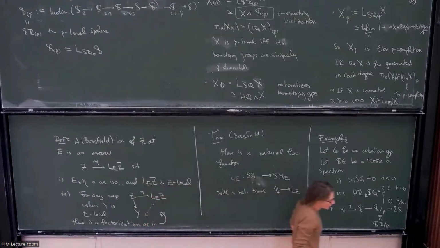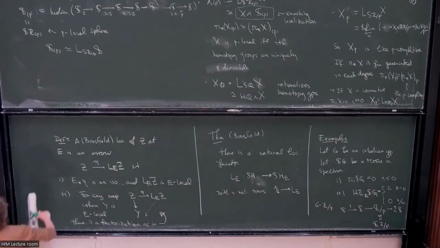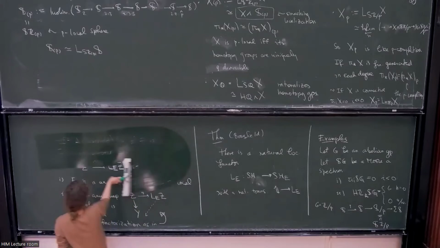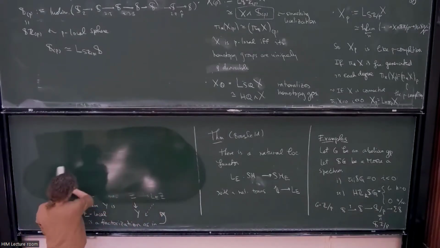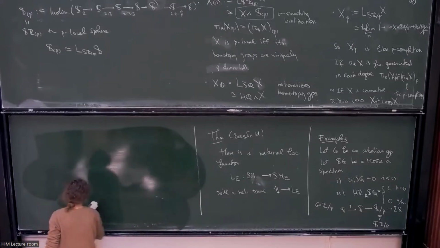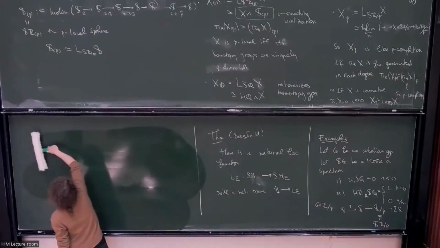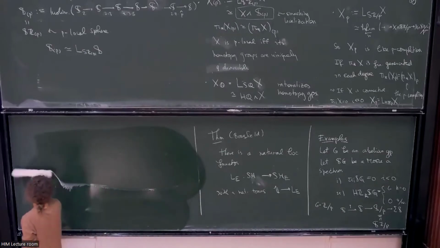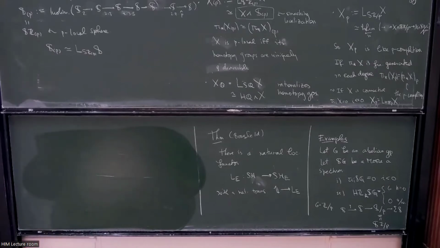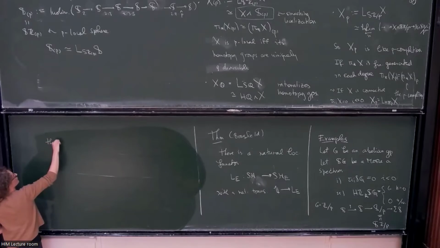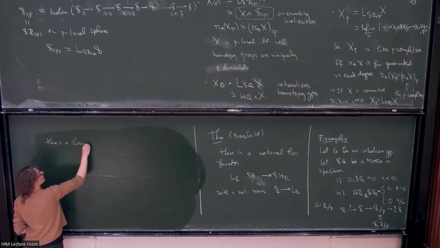Okay, so now the last thing I want to say, which also appears in that paper, is that there's a local to global principle. The local to global principle is that there's a homotopy pullback square.